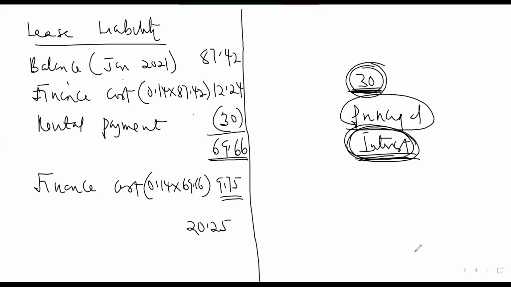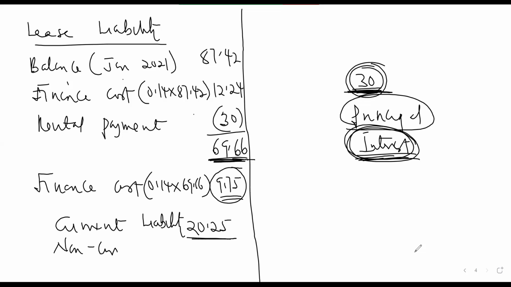You just calculate the interest and take it from the payment. This will be the current liability for you, and the difference between this and the total liability is the non-current. Non-current will be the total liability for the year, which is 69.66 minus 20.25.